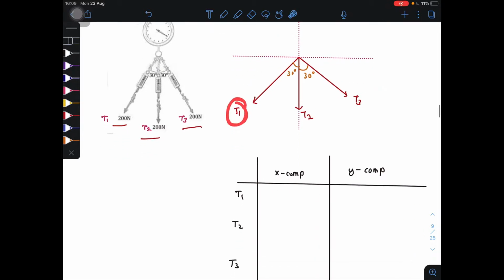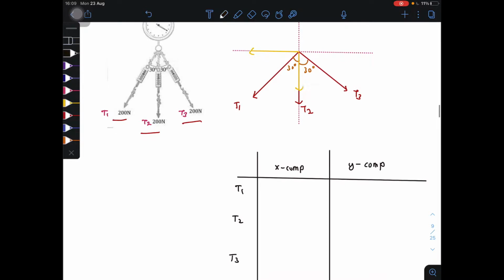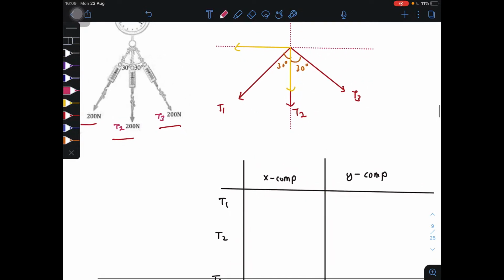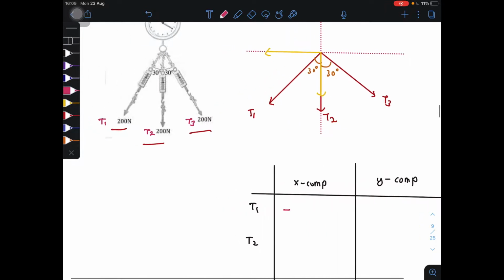Okay, T1 dekat sini, if we resolve, vector dia, Y dia akan jadi macam ni, X dia akan jadi ke bawah kan. So maksudnya X dia akan jadi ke kiri dan Y dia ke bawah. So bermaksud X dan Y adalah negatif. Okay, so untuk X, dia akan jadi negatif dan value T1 tadi adalah 200.